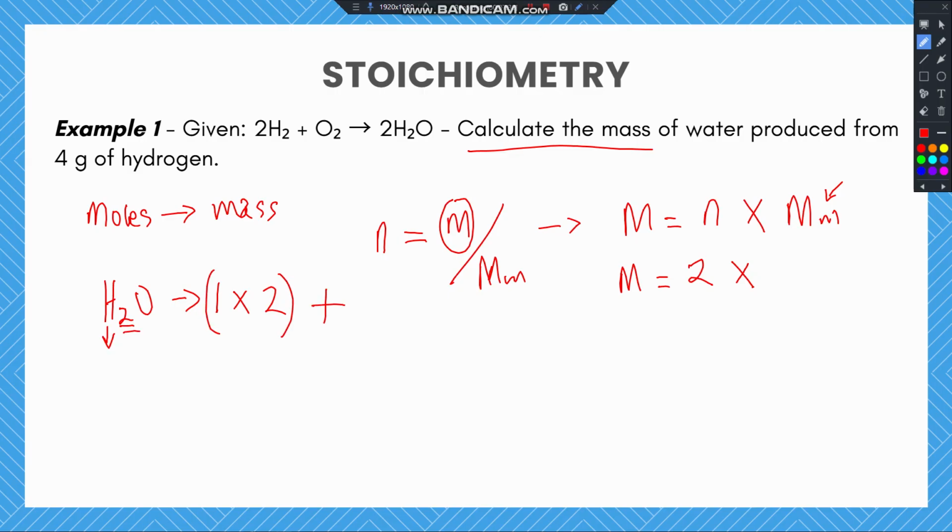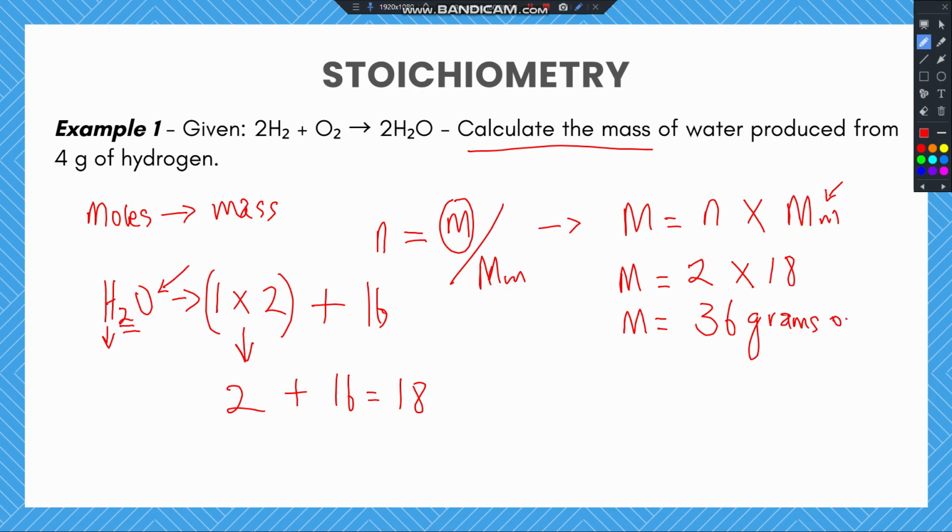And then plus oxygen has the atomic mass of 16. So altogether we have 2 plus 16. This gives us 18 as the molecular mass, 18 grams per mole. So the mass becomes 2 times 18, which gives us 36 grams of water, H2O.